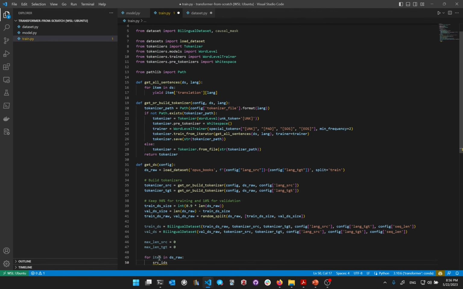I convert it into IDs using the tokenizer, and I check the length. If the length is, let's say, 180, we can choose 200 as sequence length, because it will cover all the possible sentences that we have in this dataset. If it's, let's say, 500, we can use 510 or something like this, because we also need to add the start of sentence and the end of sentence tokens to these sentences.